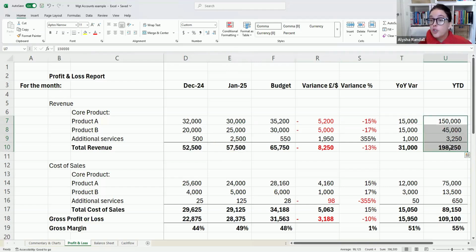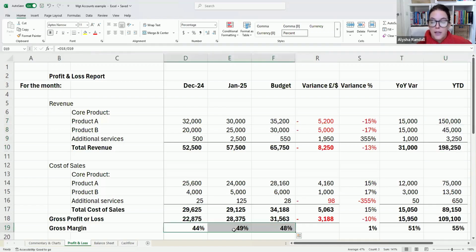And what should you be potentially changing so that you can? So it's looking at the reasons, the drivers behind these variances, and what can you do to mitigate against that. Similarly, when you're looking at gross margin, you want this number to be as high as possible.